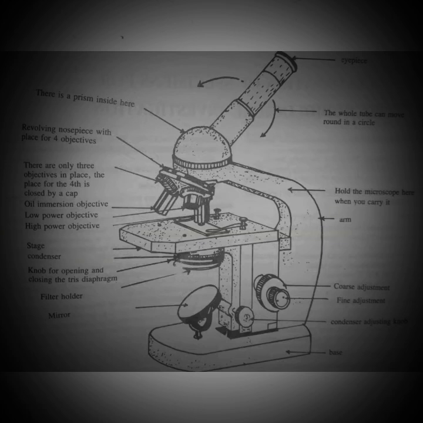Okay, next, there are filters. Filters are present mainly in some microscopes, not in all. The filter is below the condenser, meaning whatever light is coming gets filtered, because sometimes sunlight also carries UV rays, which are very harmful for the eyes.